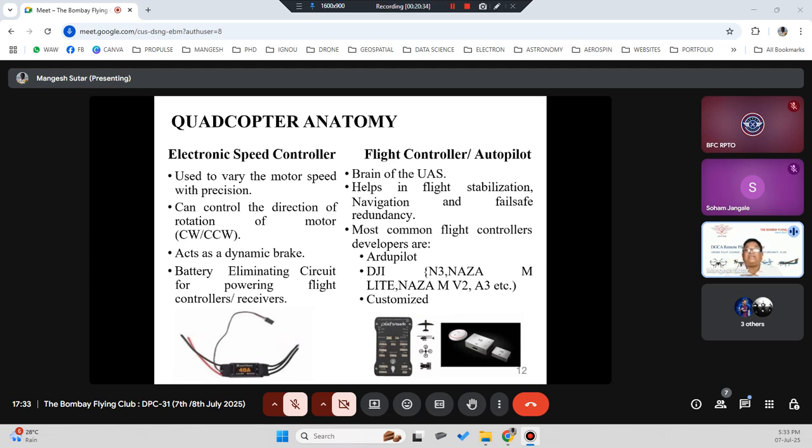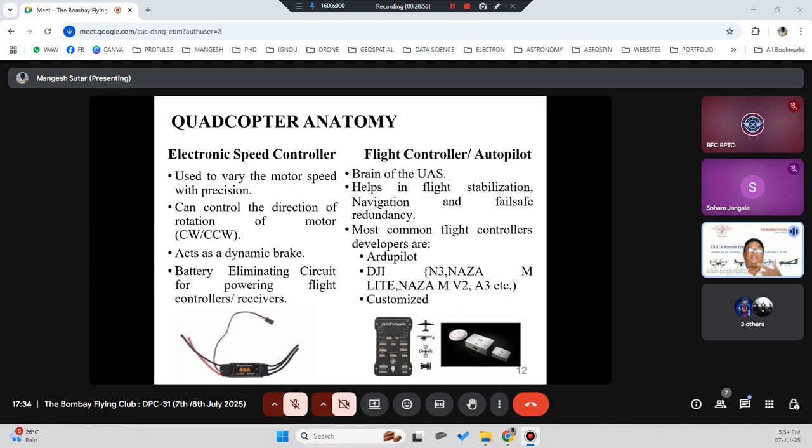Okay, this acts as a dynamic brake, also a battery eliminating circuit for powering flight controllers and receivers and other things. Also, ESC has a lot of other connections and you can power from it, because it is a stabilized power. If you see on the right side there are two wires only, red and black. This is just drawing the raw power.